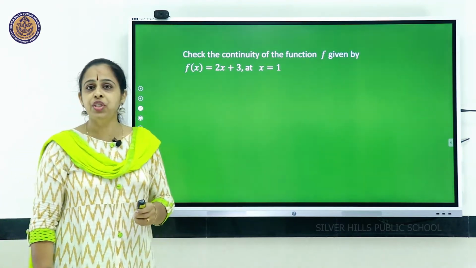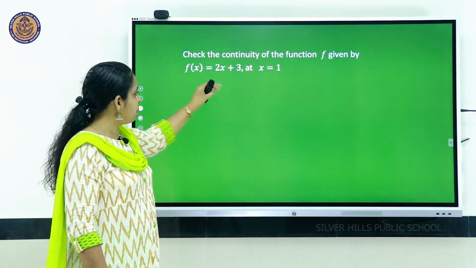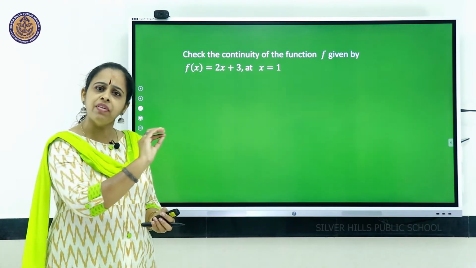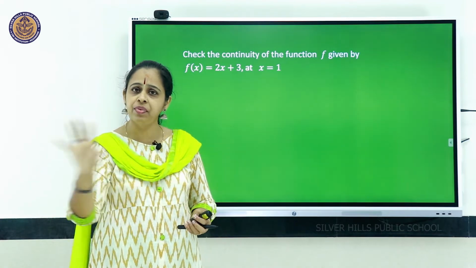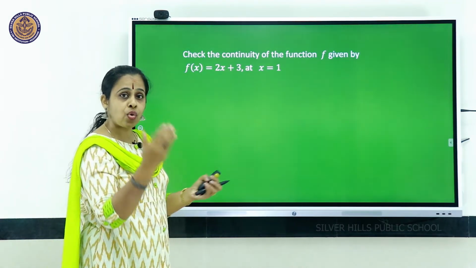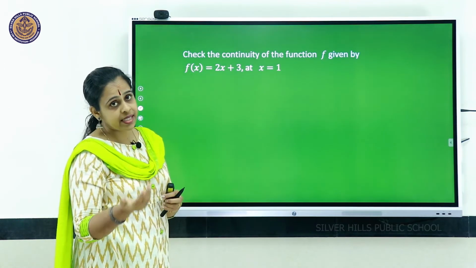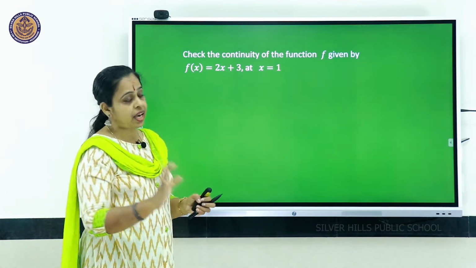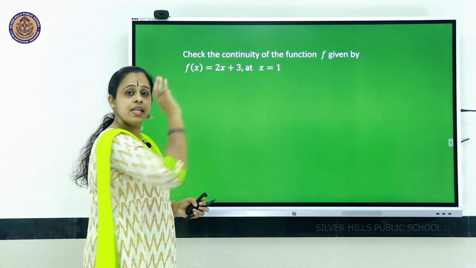Check the continuity of the function f given by. Here the function is having the same nature everywhere in the domain. It is not restricted when x is less than 0, x is greater than 0, x is less than 1, greater than 1. Everywhere its nature is the same.